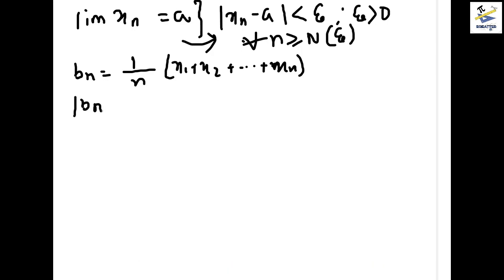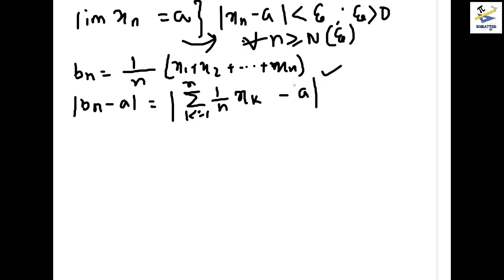So we have b n minus a. b n is basically the summation k equals 1 to n of 1 by n x k, minus a, right? So whenever you have reached this state, after this there is a simple step of manipulations which you need to do, which I will leave as an exercise, because this is basically introductory real analysis.